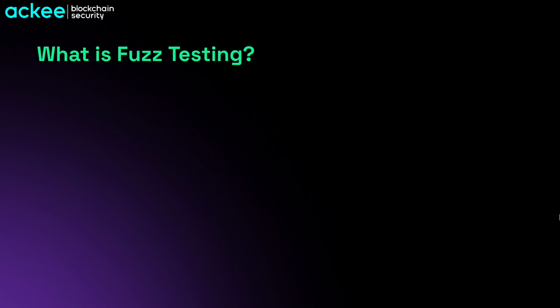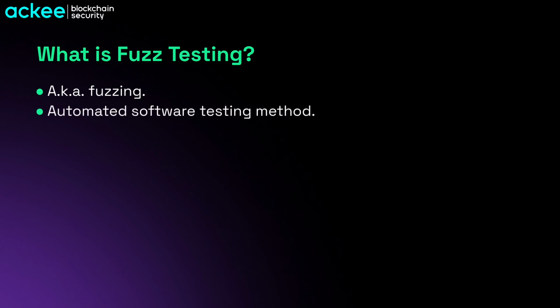So what is fuzz testing? It is also known as fuzzing, and it is an automated software testing method. So it is not fully automated, and the developer has to develop at least part of the fuzz test.